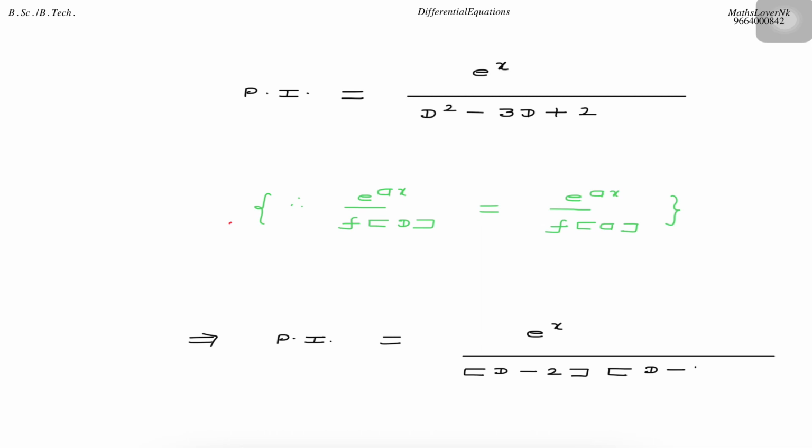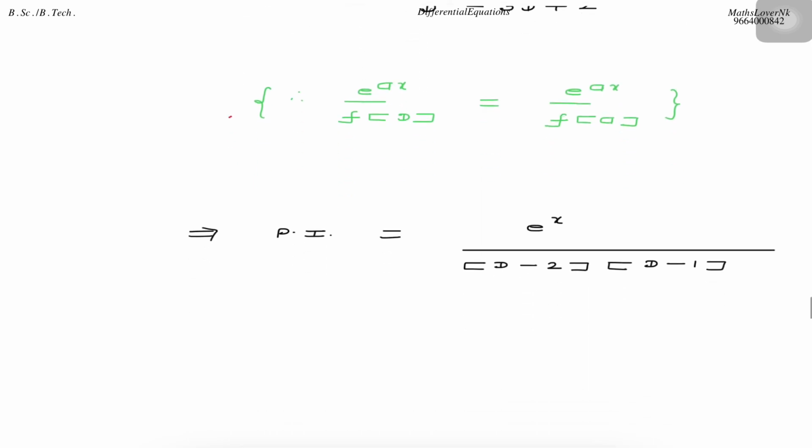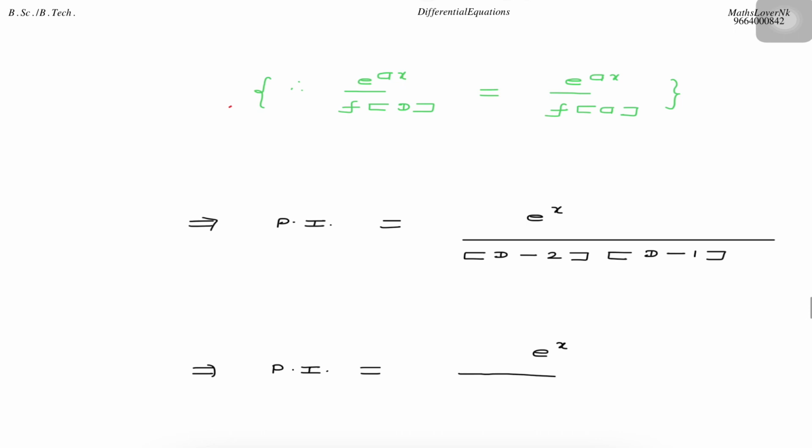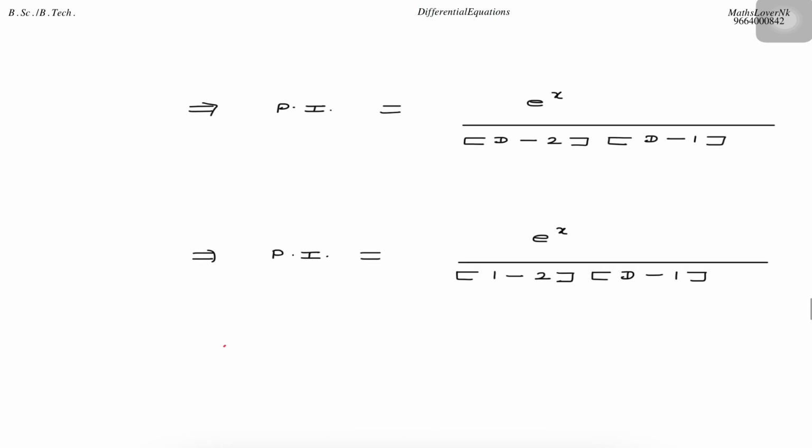When we operate the identity, PI becomes e the power x as it is; here the value of a is 1, so put 1 where possible: 1 minus 2, and (D minus 1) remains as it is, because putting 1 minus 1 gives 0 in the denominator, which is not possible. Now we again operate the identity.